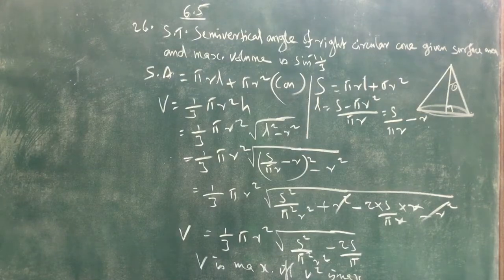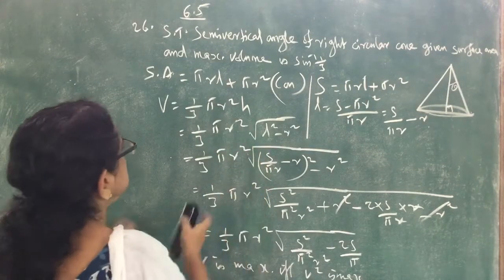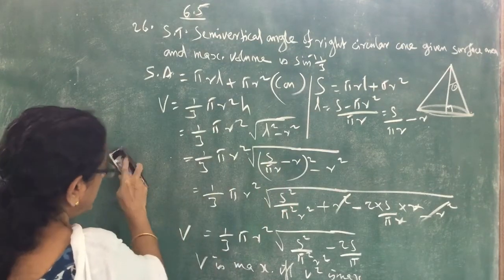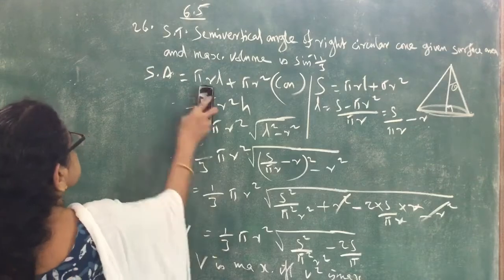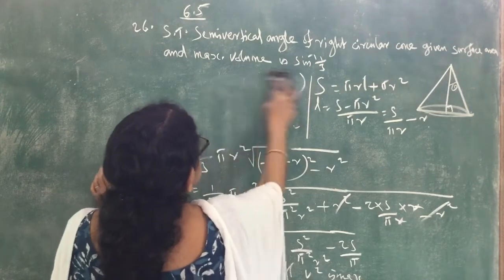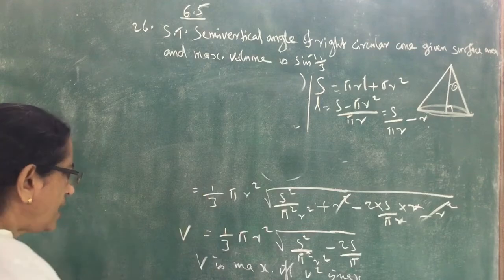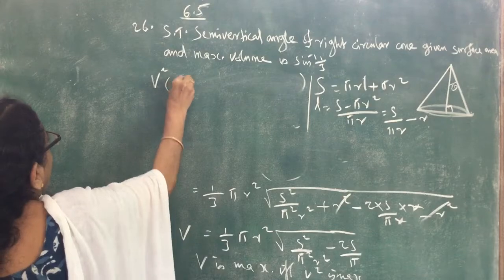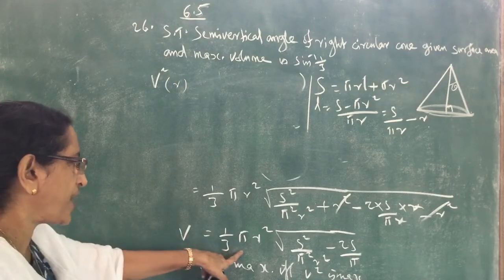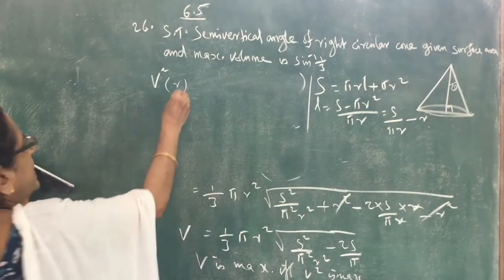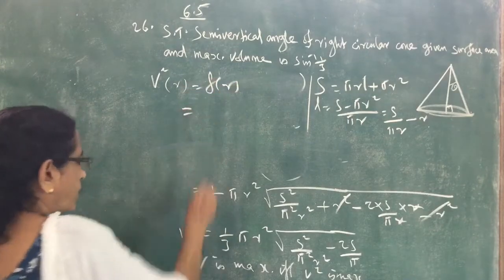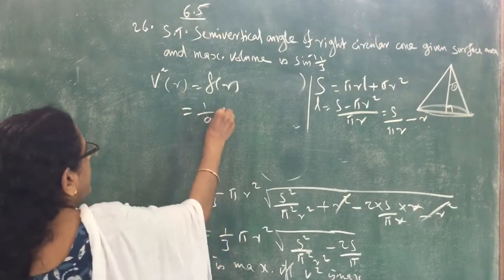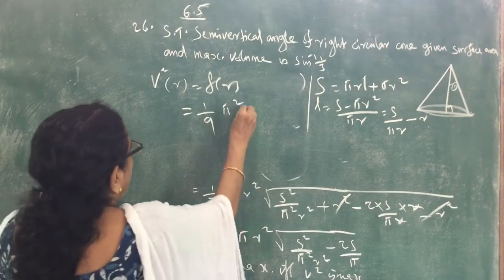So we can write V equal to this much. So from this we can write V of R, this is V of R. Squaring that we get V square, that we denote by F of R. F of R equal to, squaring this we get 1 by 3 square, that is 1 by 9 pi square, then R square whole square, R raised to 4.